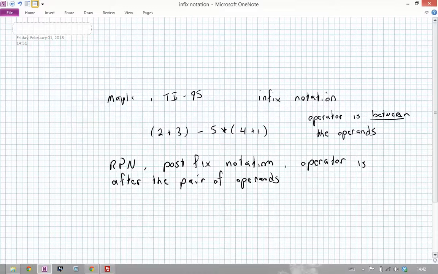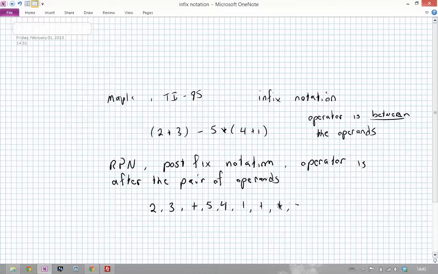So let me see if I can do this in RPN. I'll try to redo this same expression. I'll put a comma between the numbers just so that you know that this is 2 and 3 and not 23. I'll put a comma between everything. So 2, 3, comma, plus. 5, 4, 1, plus, times, minus.